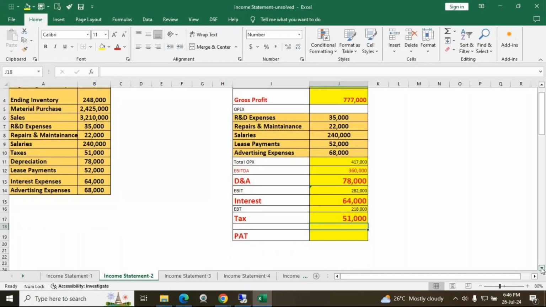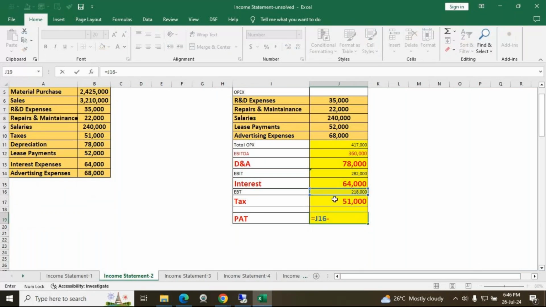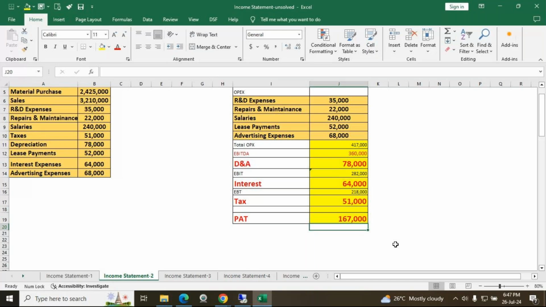So profit after tax will be this value minus this value. Any doubts in this? So 1,67,000. Everybody got this answer? Yes, ma'am. Okay. So now let's solve this income statement 3.